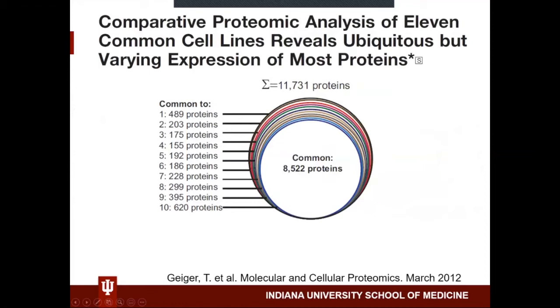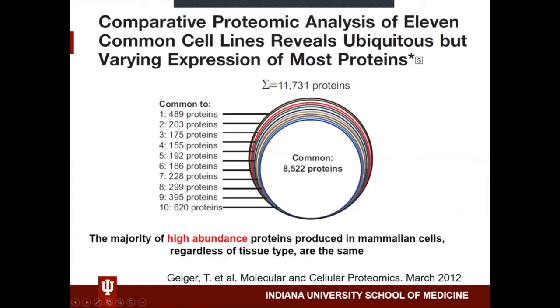So you can imagine that you're going to identify and quantify those proteins most often, out of a total of, for this 2012 paper, 11,731 proteins. All these high abundance proteins are present in so many cell types, and specific cell types might have something that's even more highly expressed that might be interfering with your protein of interest.